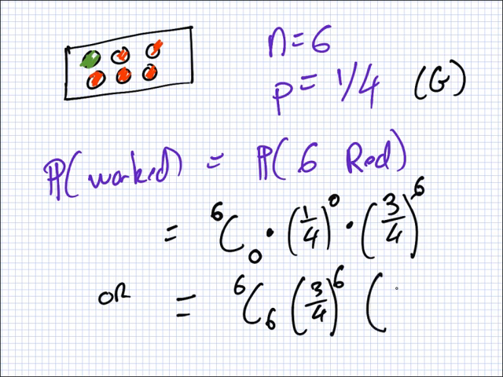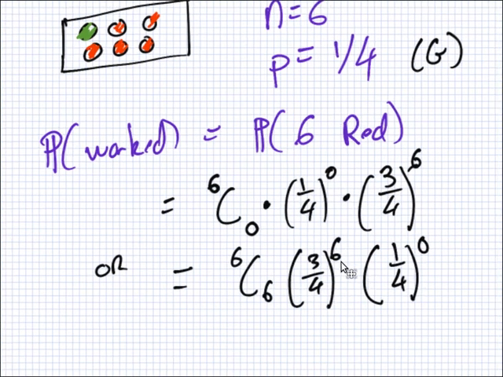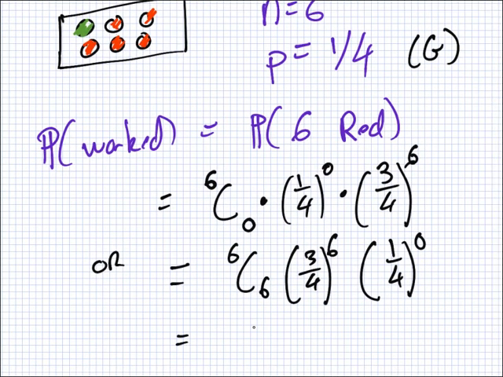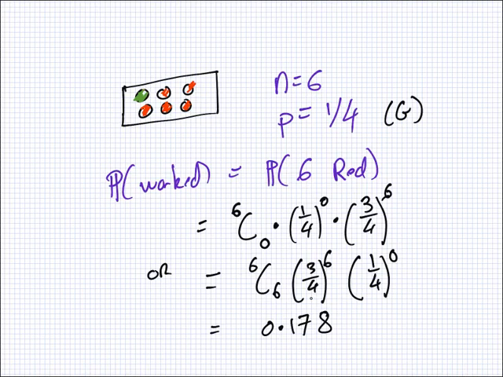And then a not red is 1 over 4, and you want none of them. So you can write it either way. It depends on which point of view you want to take, but it's the same answer in the end. And what did we say this was? 0.178.